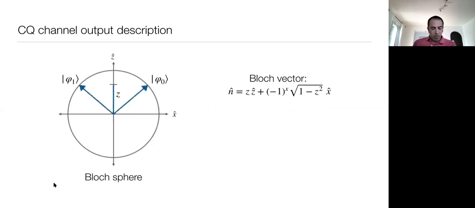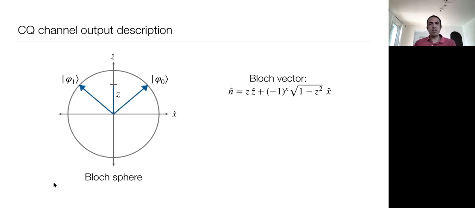Now before I tell you the algorithm, let me just tell you how we'll model or describe the outputs of this CQ channel, just to make it easier to present the algorithm. Of course, it's 2 pure states, so describe it how you want. But in terms of the Bloch sphere, you can always arrange the 2 pure states symmetrically along the z-axis if you want.